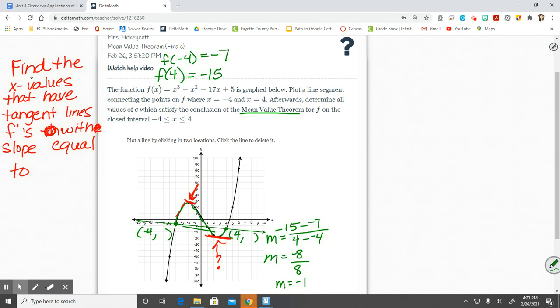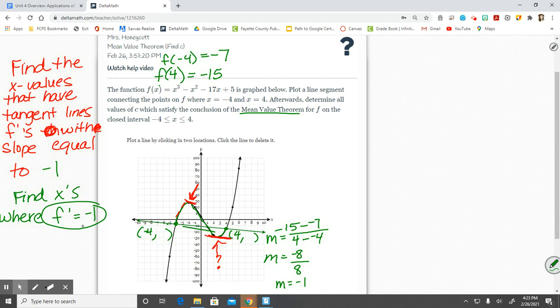All right, so I'm trying to find the x values that have tangent lines with slopes equal to -1. I'm guessing right here these slopes are -1, but I need to figure that out. Well, the tangent lines are the derivative. So I need to find the x's where f prime equals -1.